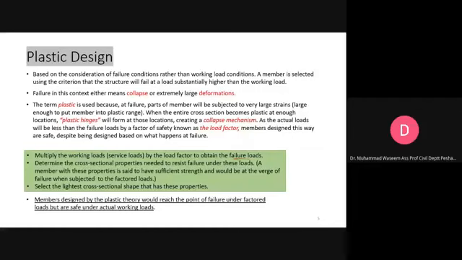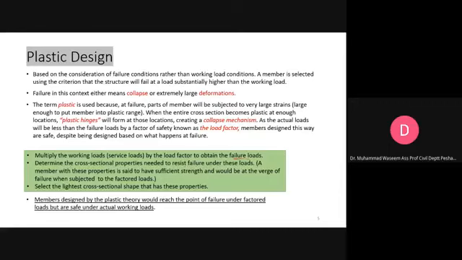Then we determine the cross-sectional property of the member needed to resist this load. We do not design it for the working load; we design it for the failure loads, or the plastic load.